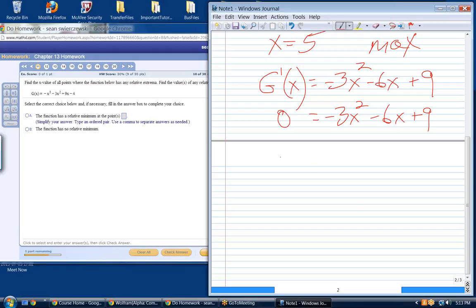So now we have 0 equals x squared plus 2x minus 3.